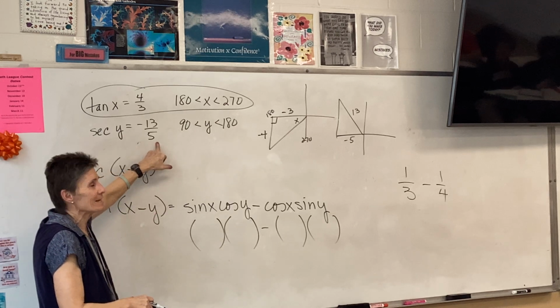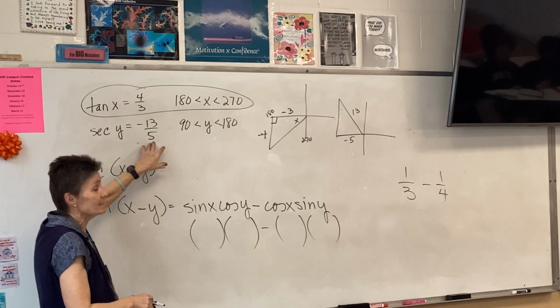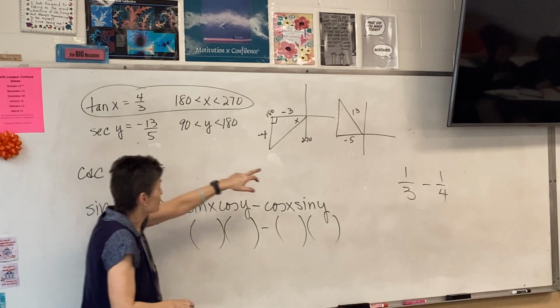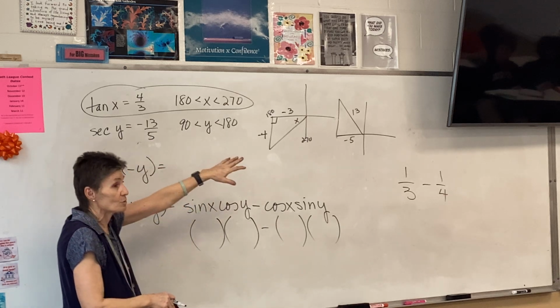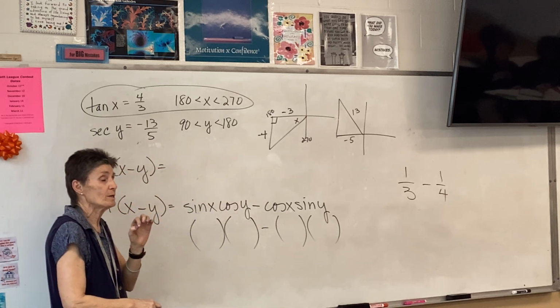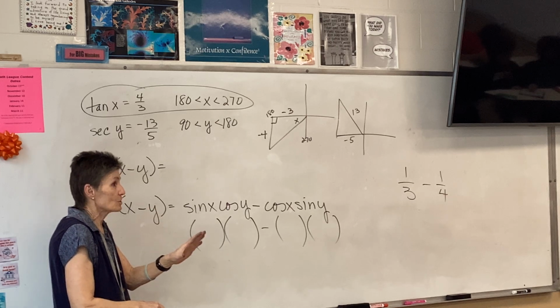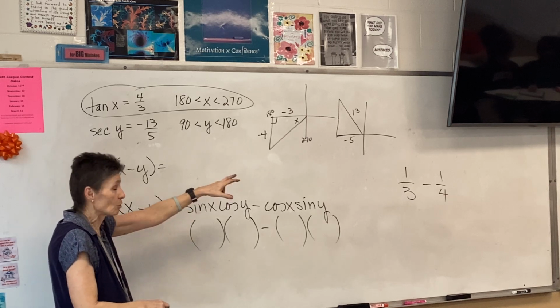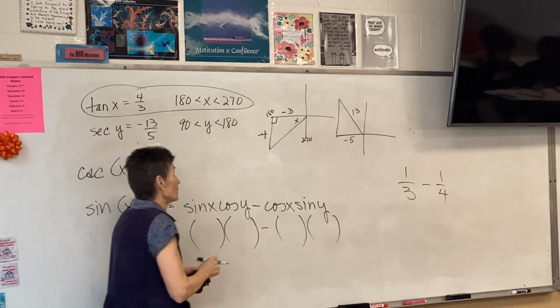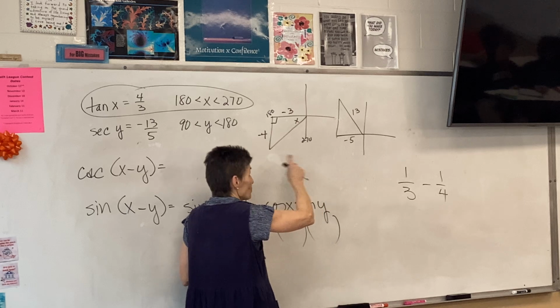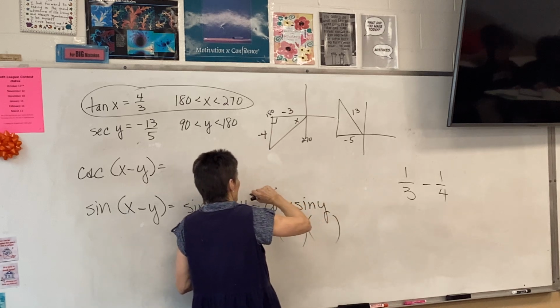All right. Secant is the reciprocal of the cosine. So I put adjacent was 5, hypotenuse is 13. Remember, when you label your triangles, the hypotenuse is never negative. So that negative has to go on the 5. Now, we'll do our Pythagorean theorem on both of them, because we need both triangles finished off.